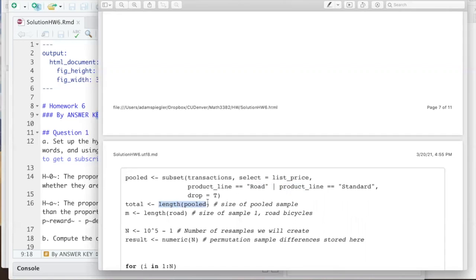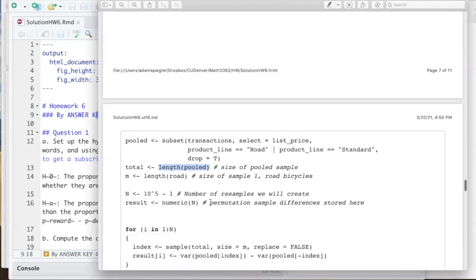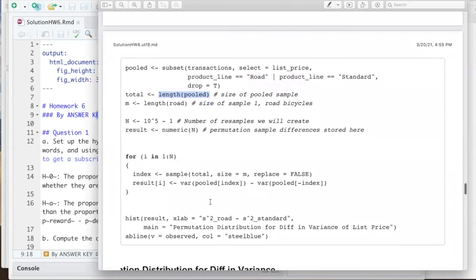We can calculate how many items are in that data set, and that's going to be important when we come down to the for loop over here. This should look very familiar, similar to the previous example, but now we're comparing variances. Each time we construct our permutation resamples, we calculate the variances, and then we repeat.